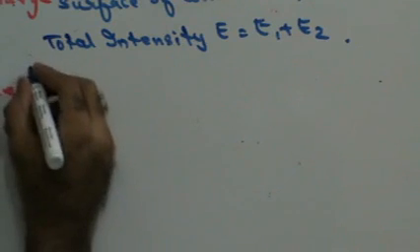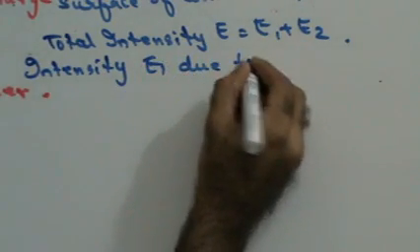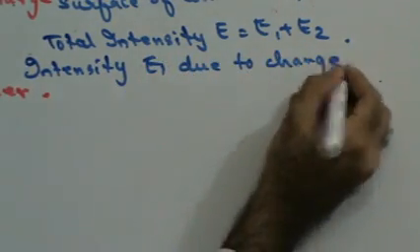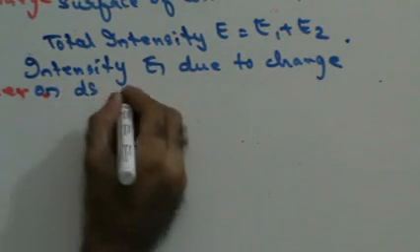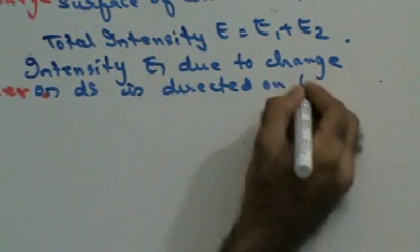Now, intensity E1 due to the charge on ds is directed on both sides, right? Both sides.